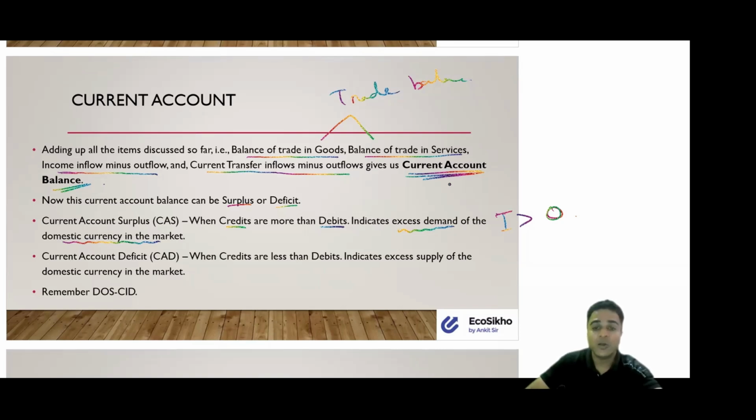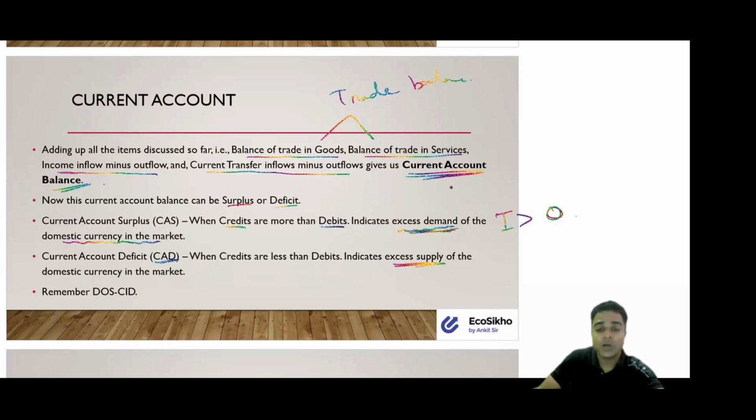So since inflow is more, all these foreigners who are coming with hordes of money with themselves are demanding the domestic currency. So whenever there is a current account surplus, it indicates that there is an excess demand of the domestic currency. And similarly, whenever there is a current account deficit, it indicates there is an excess supply of the domestic currency.